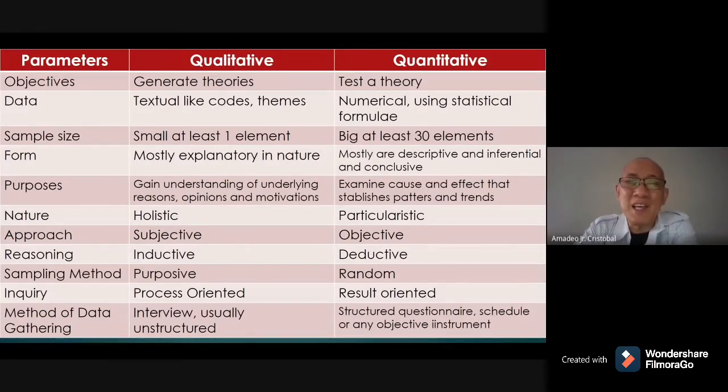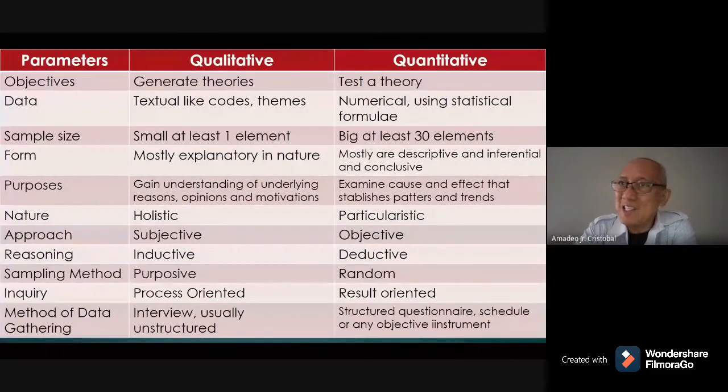Now, the quantitative data is numerical, numbers. 1, 2, 3, 4, 5, 6, 7, 8, 9, 10, and so on and so forth. Or scores, 10 points, 15 points, 100 points, something like that. Numerical, and most probably you are going to use statistical formulas such as mean, average, percentage, or inferential statistics. You can use, for example, Pearson product moment coefficient of correlation.